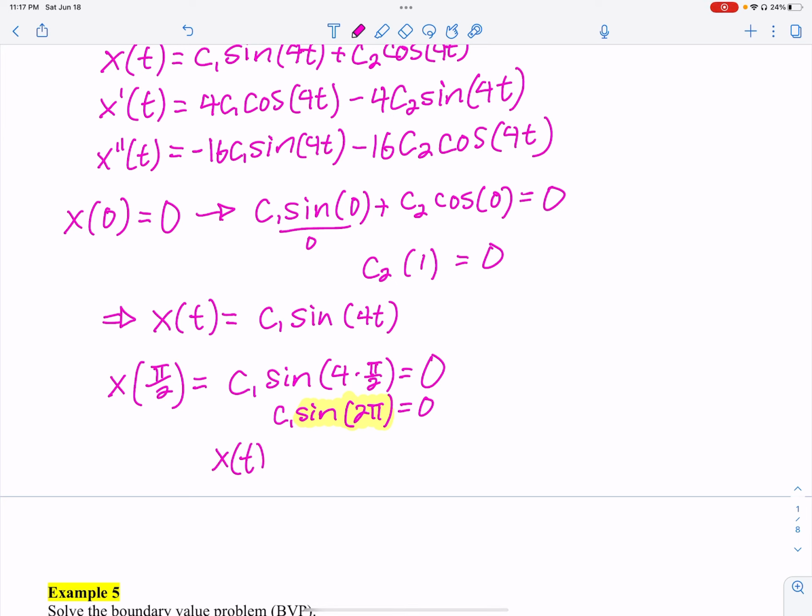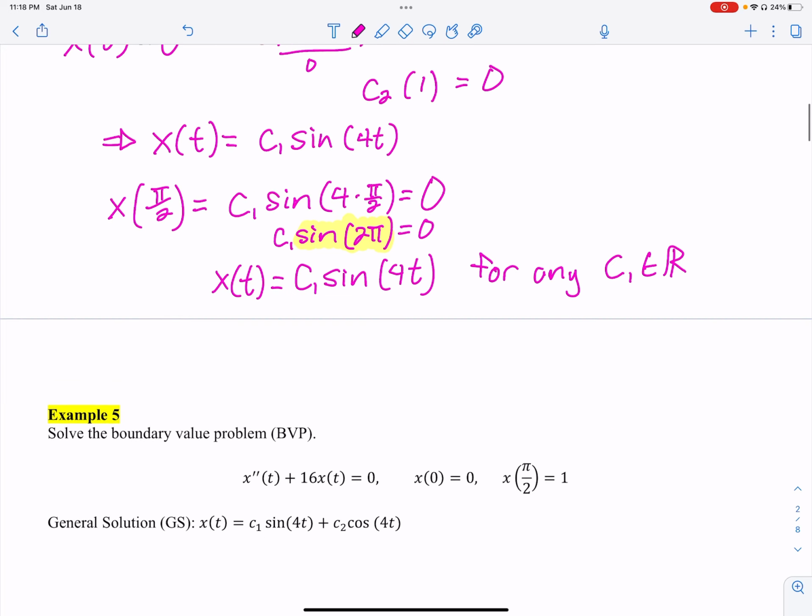So the solution to this BVP is c1 sine of 4t for any c1, and let's say that's in the real numbers. This means c1 is an element of the real numbers. It works for them all because of that sine of 2 pi.